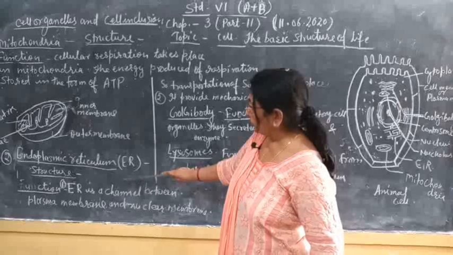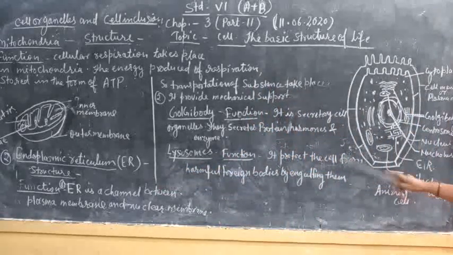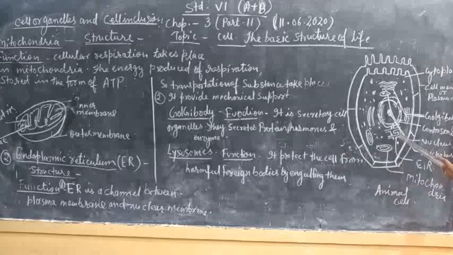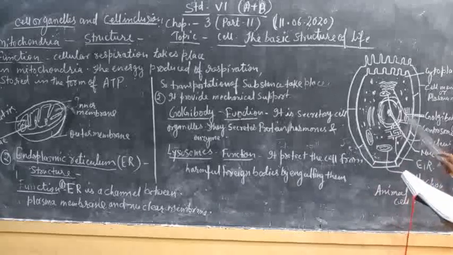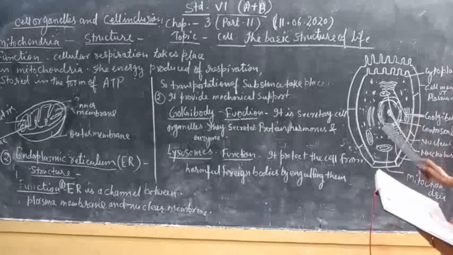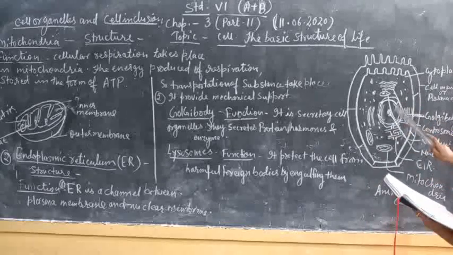Second, endoplasmic reticulum. Look here. The endoplasmic reticulum is made of tube-like channels distributed throughout the cytoplasm.